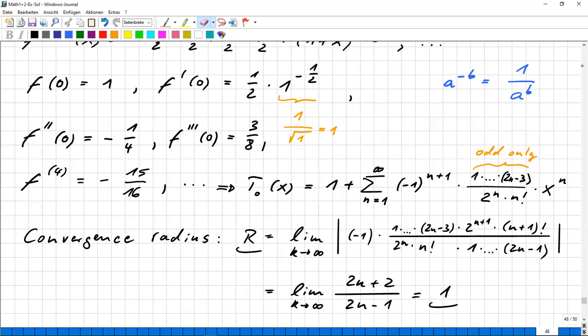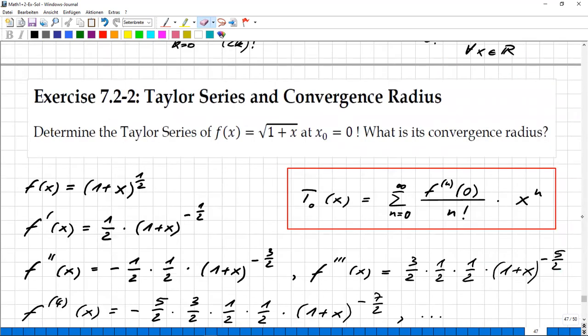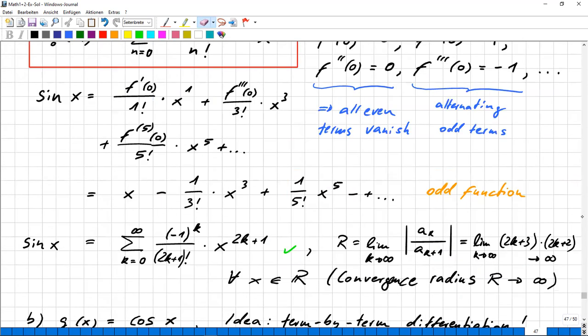So it's the same thing as before. Setting this r equals limit k approaching infinity, and then remember, coefficient over successor element, coefficient over successor coefficient.